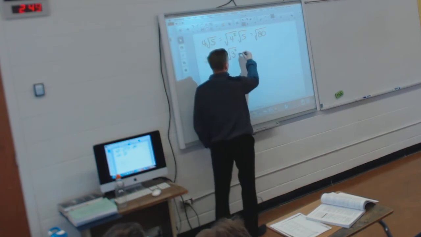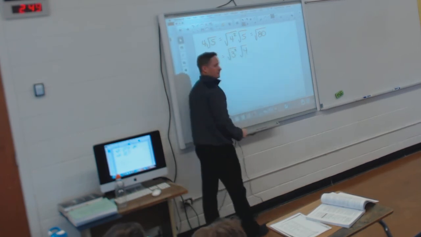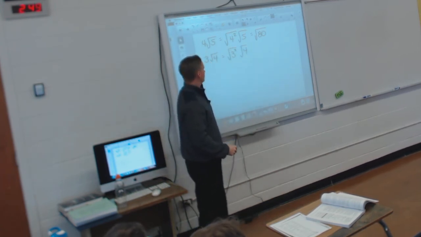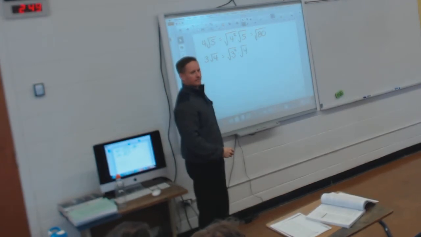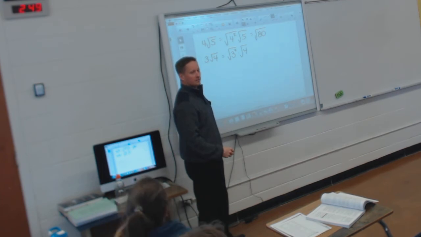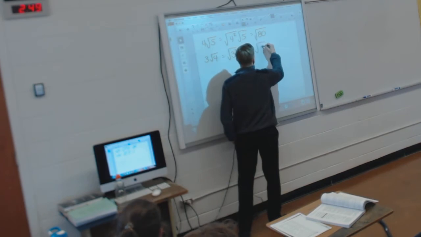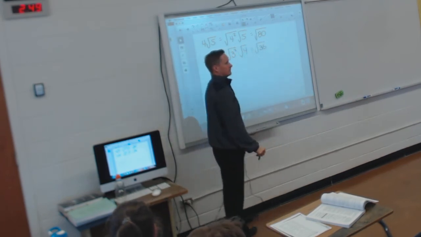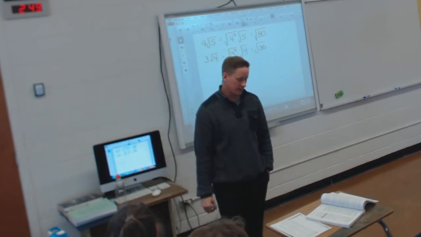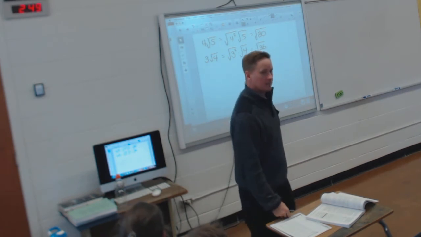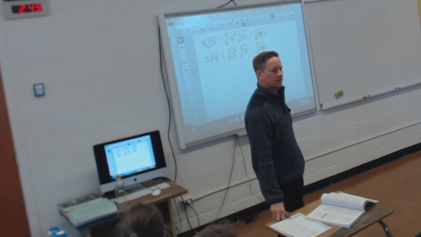And then 5. What's 3 squared? 9. 9 times 4? 36. A problem with this, what is it? Not really a problem, but it is a perfect square, isn't it? 6. So the answer would have been 6.